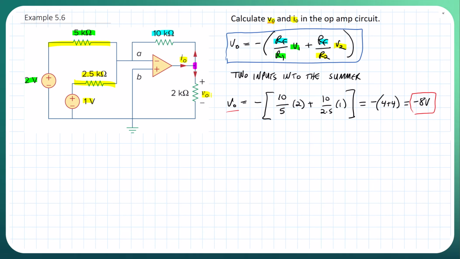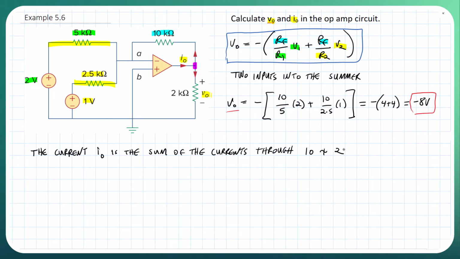So the current I0 is the sum of the currents going through the 10 kilo ohm and 2 kilo ohm resistors.